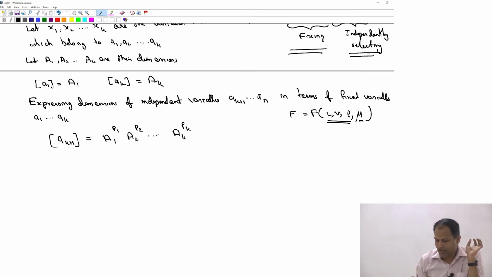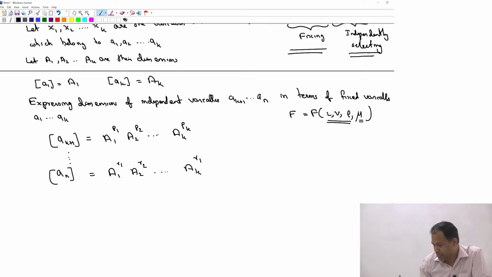So capital A1, capital A2 etc. up to capital Ak are the dimensions of the first k variables, and you are representing the k plus 1th variable's dimension as a power of the other k variables that you have already chosen, and so on. You could do it all the way up to an, which will be some a1 to the power r1, a2 to the power r2, and so on, ak to the power rk.